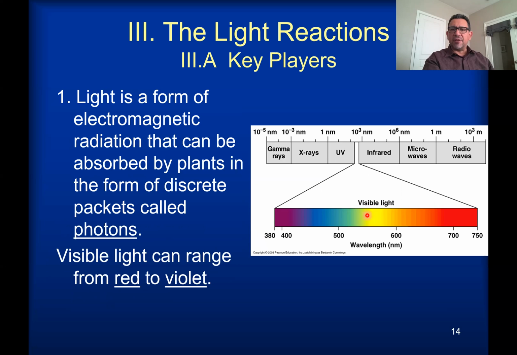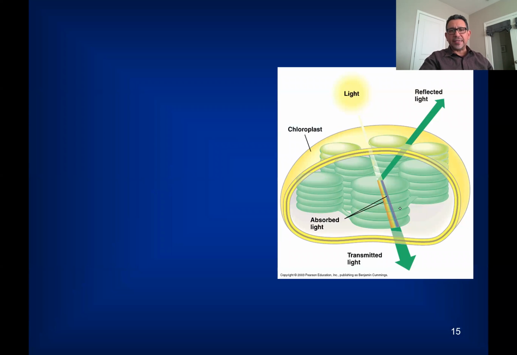Notice also that visible light is part of the family of energy we call electromagnetic radiation. There are other examples of electromagnetic radiation in this illustration, but we're only interested in what we call the visible light spectrum.